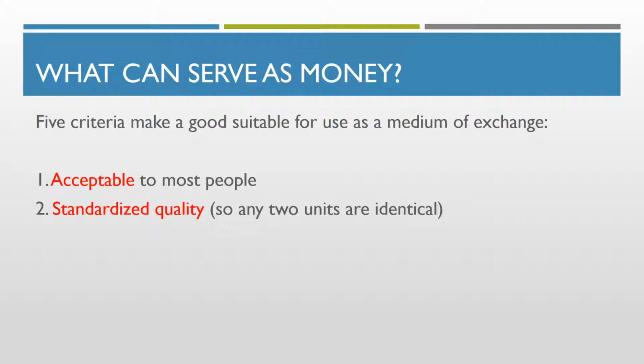So how many apples this governor can exchange for one deer skin may not be the same as the one that he's holding on hand compared to the one that he has at home. The standardized quality makes it very, very easy for people to realize how many goods and services that $1 or maybe $10 of currency is worth.